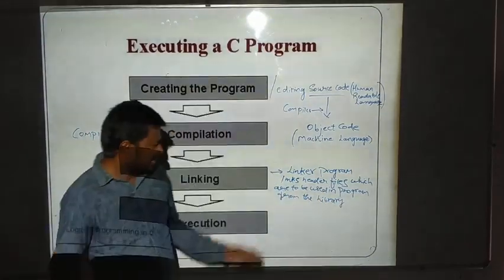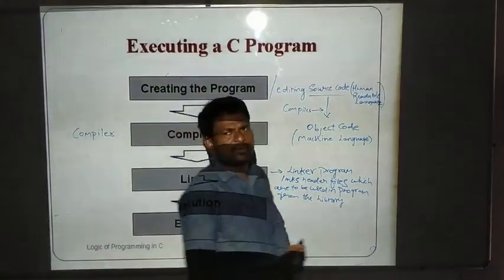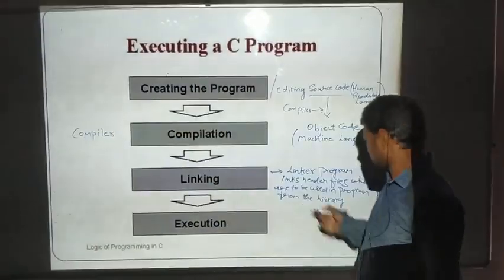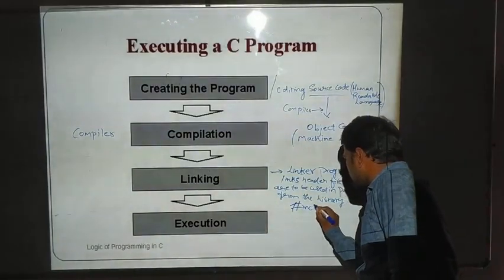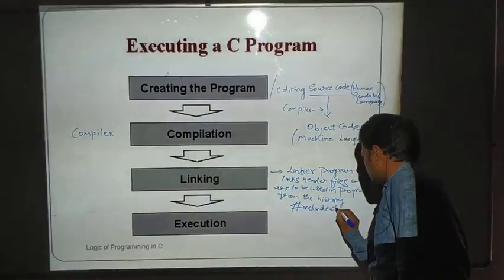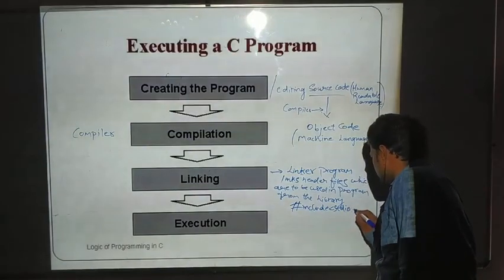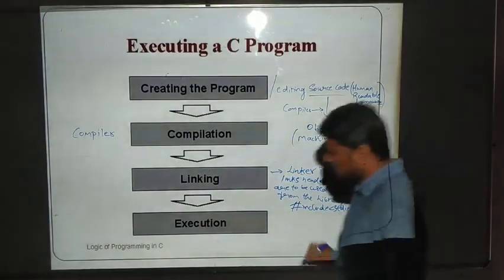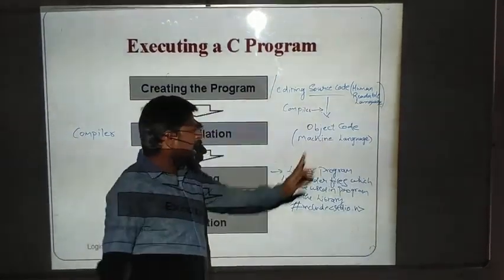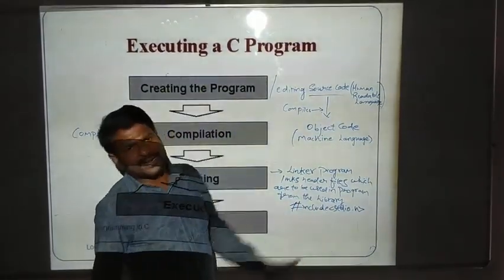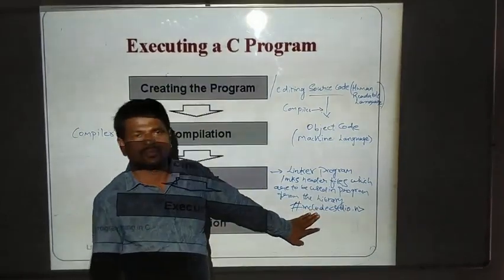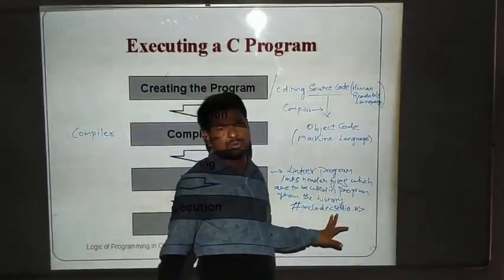So in the previous class we wrote a small program. In that we had given include stdio.h, right? So when this linker program is executed, all the header files will be added into our program.